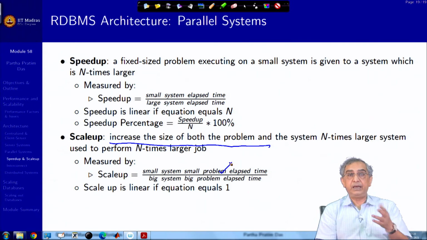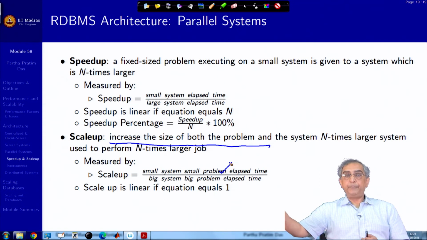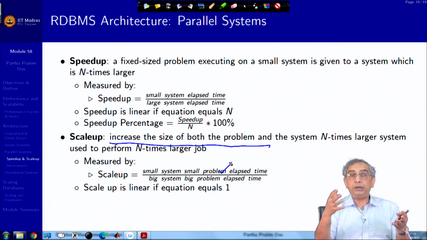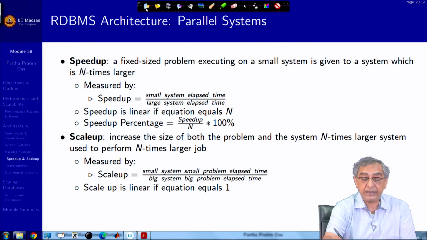Right? You can easily understand, because I can individually run the larger problem, n times larger problem rather, in the n times larger system. So, the scale up cannot be more than 1, but is it linear? Is it 1, or do we typically get less than that?